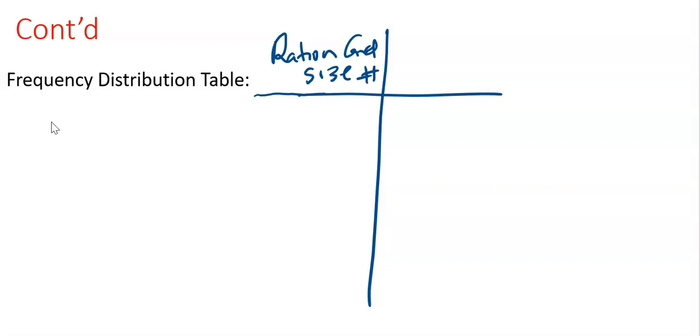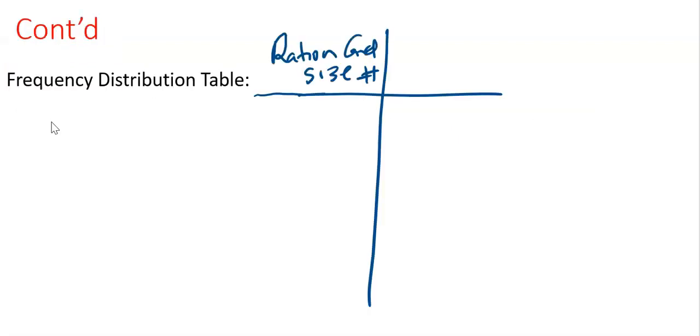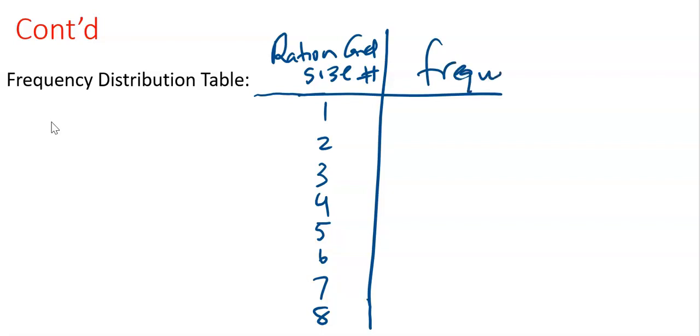The numbers in the dataset range from 1, and the biggest number is 8. So we have to draw 1, 2, 3, 4, 5, 6, 7, and then 8. And then on this column, we will have the frequency. The frequency is just a fancy word for count.